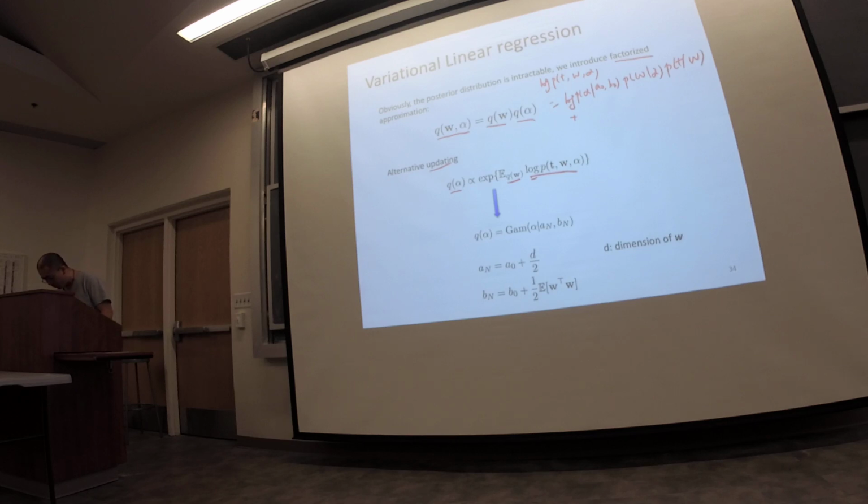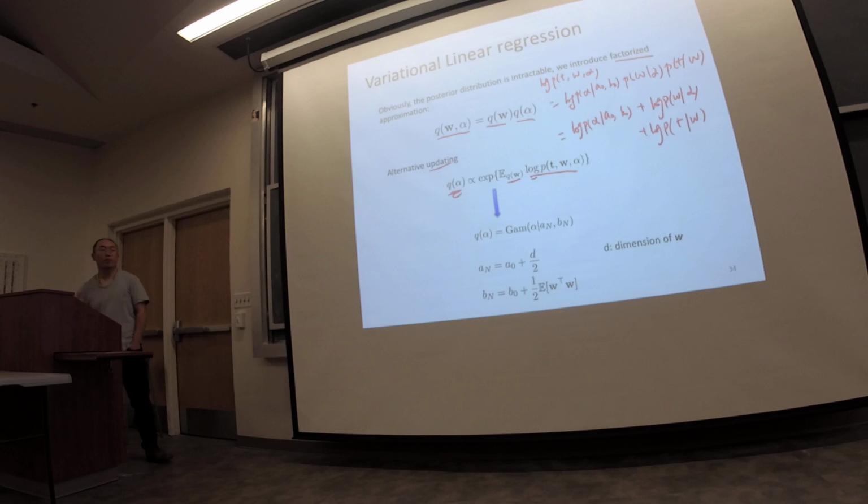So this is actually the log summation: log p of alpha given a0 and b0, plus the logarithm of p of w given alpha, plus the logarithm of p of t given w. But here we only care about the posterior of alpha.